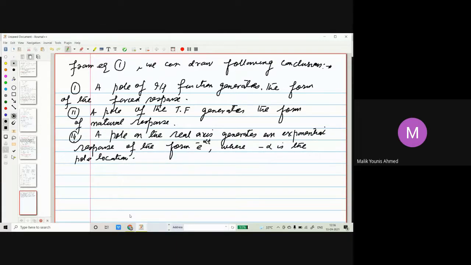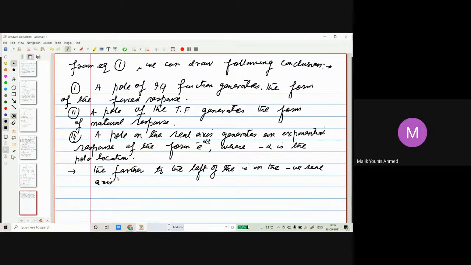Now, it's very important: the farther to the left the pole is on the negative real axis, you can very clearly see that.